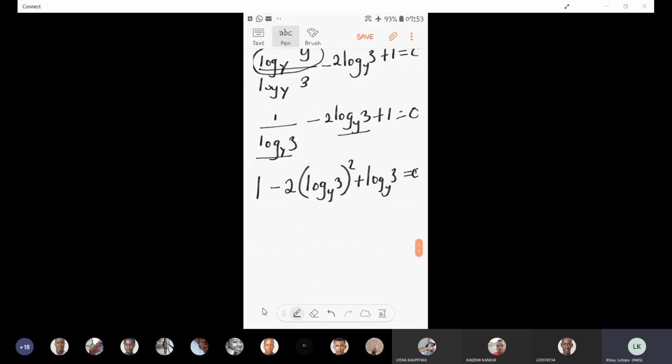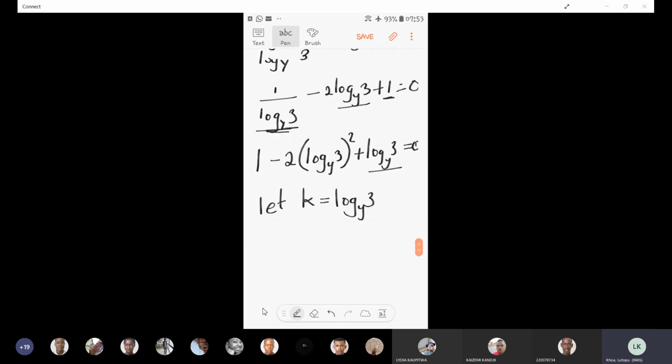Okay, so this I got by multiplying this denominator with the 1. And when you multiply 1 by anything, the answer is that something you multiplied 1 by. Again, my substitution, let k equal to log base y of 3.